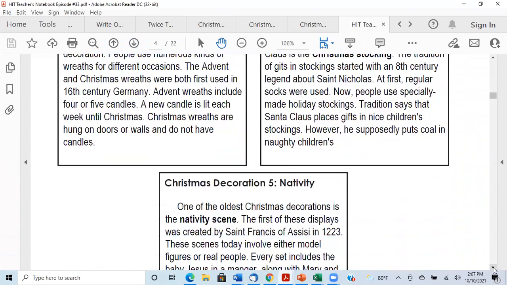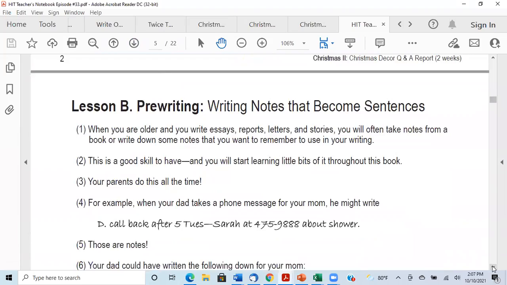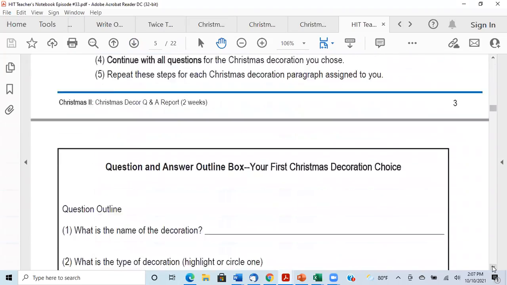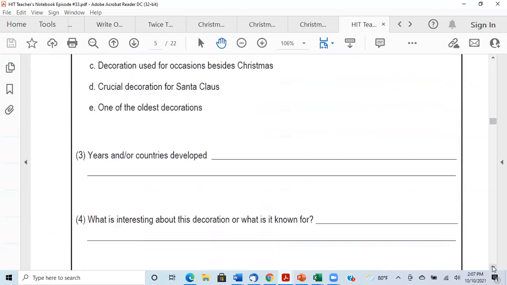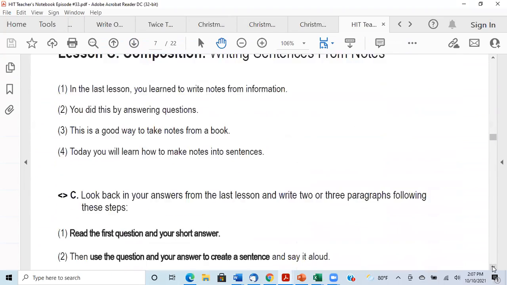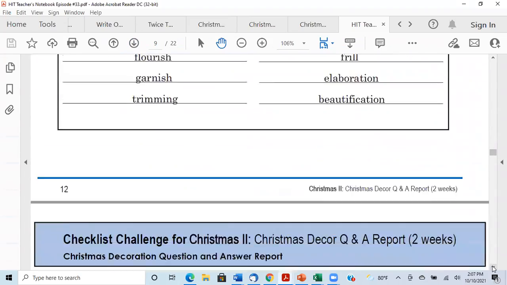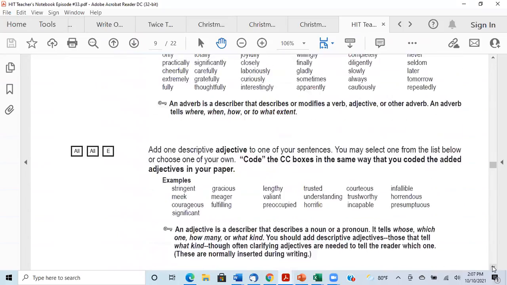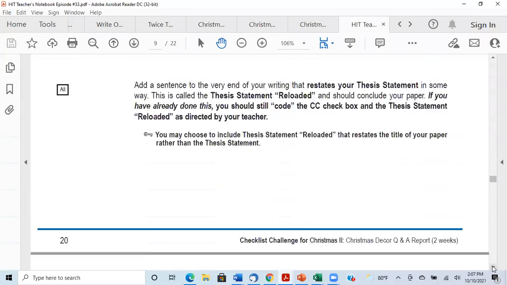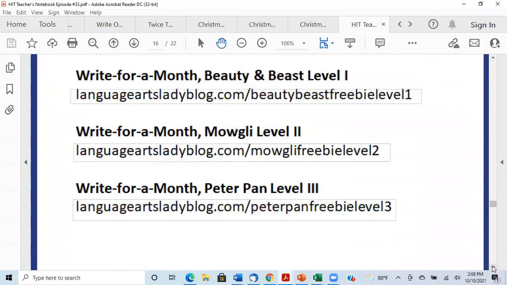That's what I always try to go for, is to be sure that you have enough in this to actually utilize it, even if you don't have every single lesson that I might teach, like similes and metaphors and all of those things within it. But definitely the basic project is here. You can see that. And then at the end, it has how you can get free products and so on and so forth. So you get this Teacher's Notebook with every episode.